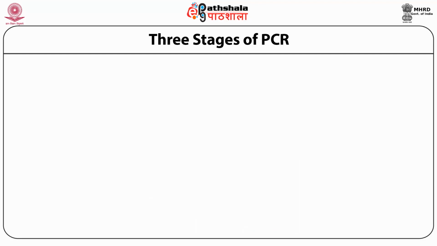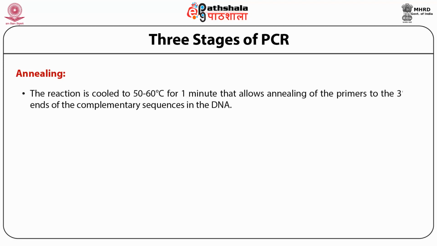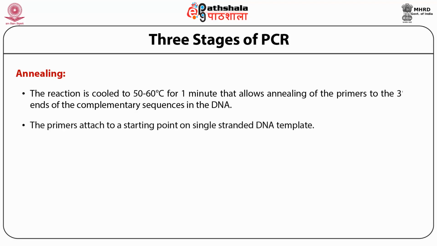Stage 2 is annealing of DNA primers to the single-stranded DNA templates. The reaction which was done earlier at 95 degrees is cooled to 50 to 60 degrees centigrade for a minute. That allows annealing of the primers present in the reaction mix to the complementary sequences in the DNA. The primers attach to a starting point on the single-stranded DNA template.